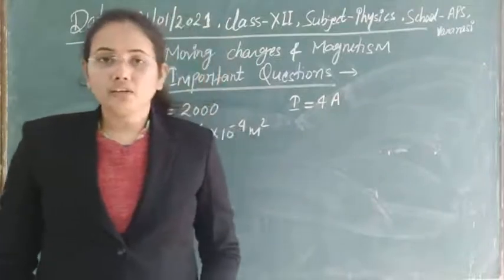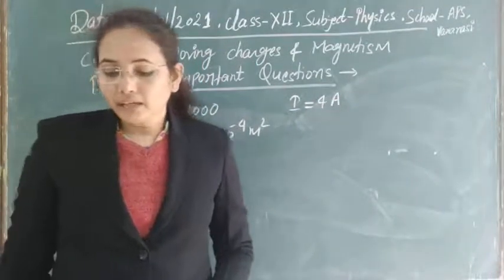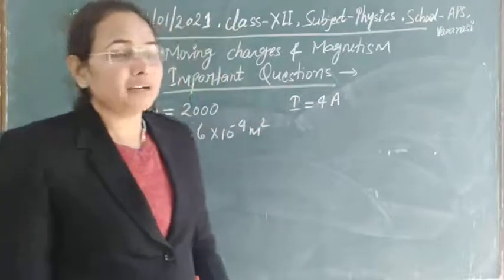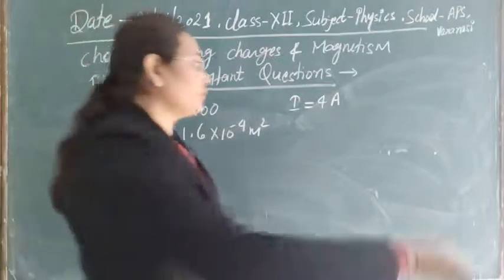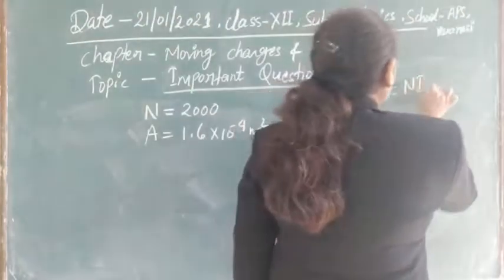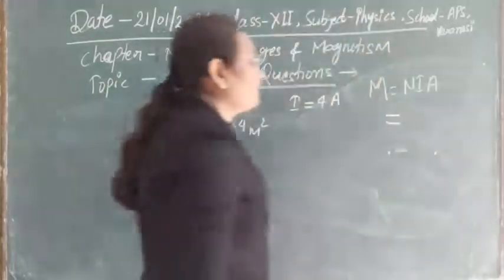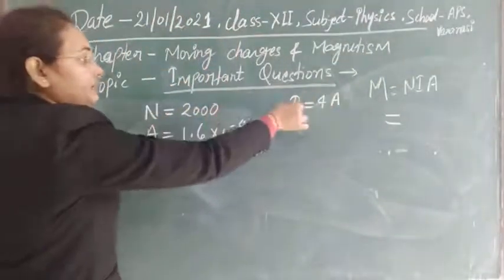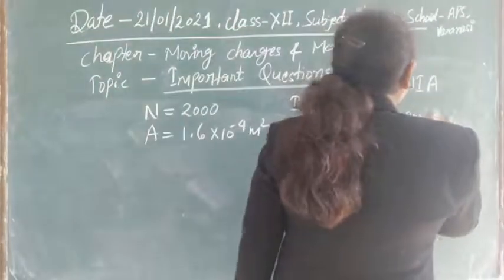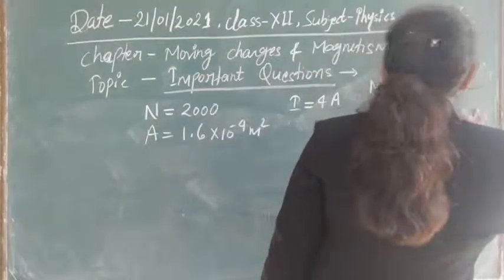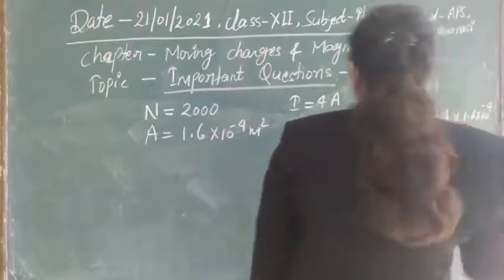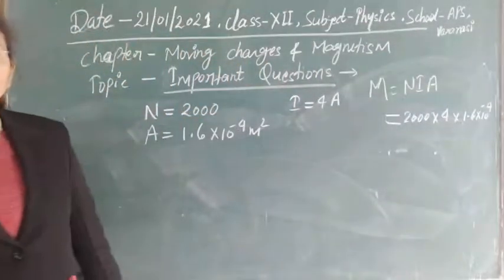Now we have to find, first, the magnetic moment associated with the solenoid. You know that the magnetic moment is given by M is equal to NIA. The number of turns, current, and area are all given, so just use them directly: 2000 into 4 into 1.6 into 10 to the power minus 4. As they are already in standard units, there is no need to convert any units.